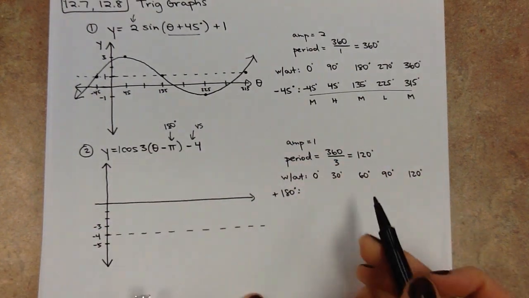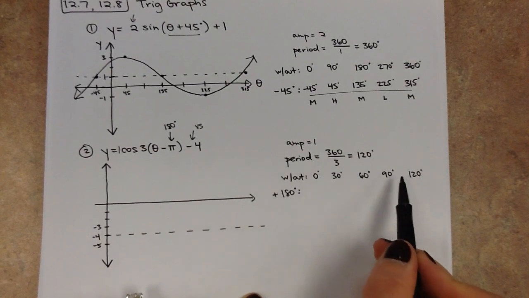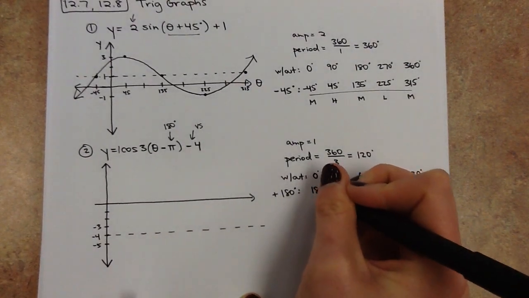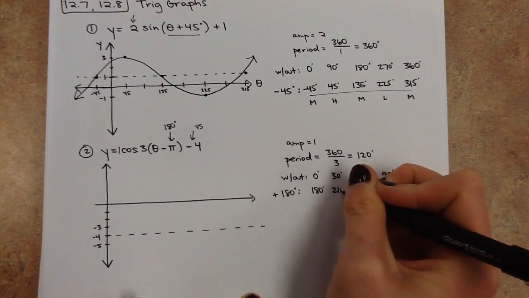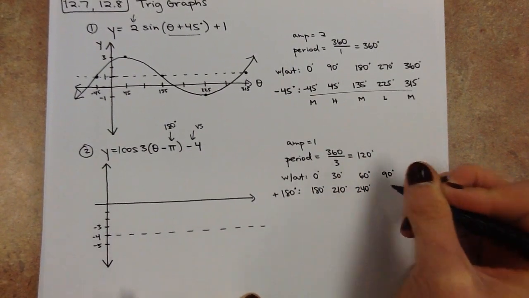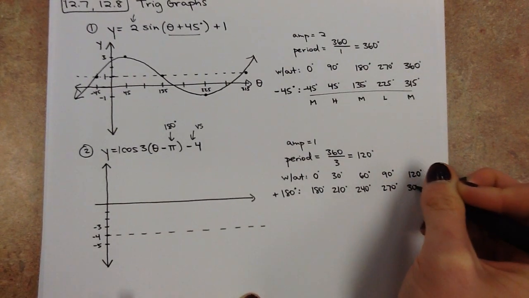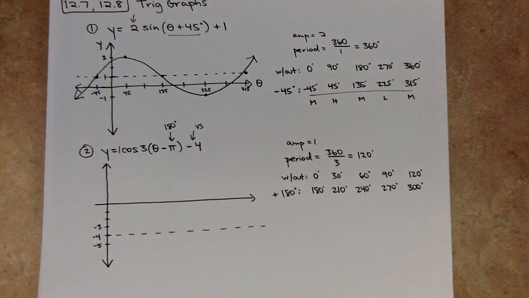So if I add 180 degrees to all of these values, so add 180 to all 5 of these numbers. So 0 plus 180, 30 plus 180, 60 plus 180, 90 plus 180, and 120 plus 180. Okay, so those are the new values.